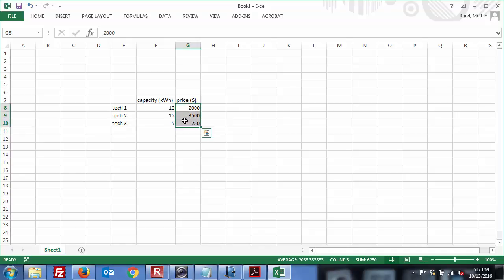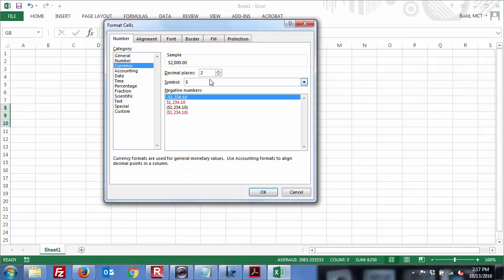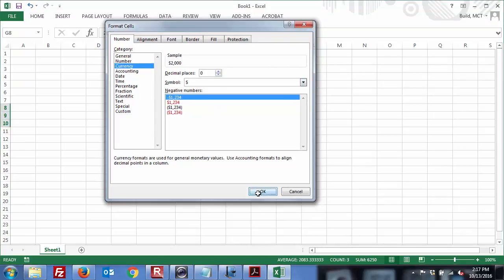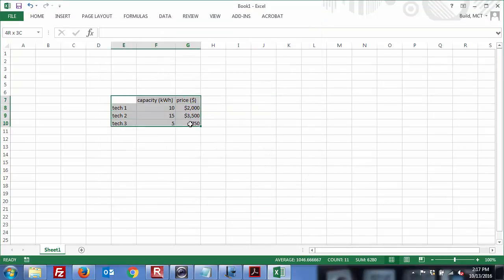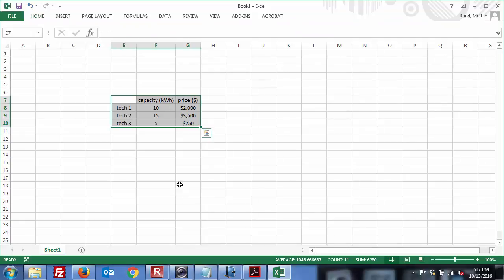Come in and do a Control 1. Currency, get rid of those decimals. That looks better. Take these home, center them up. Okay, and now you're looking at, what would you call this, just value.